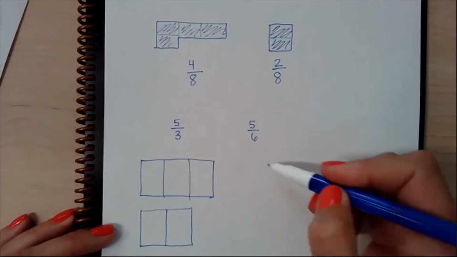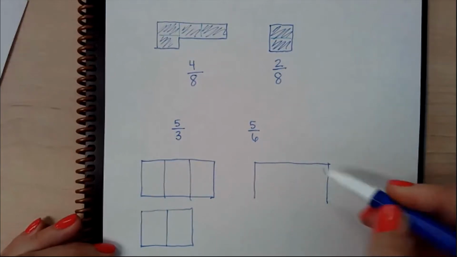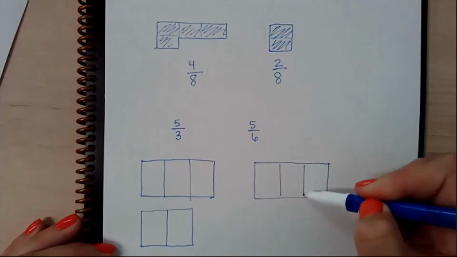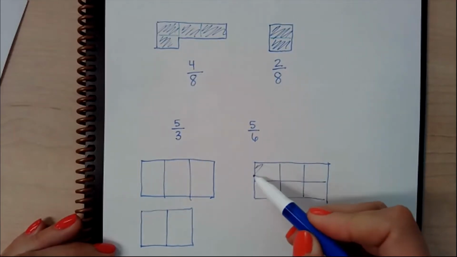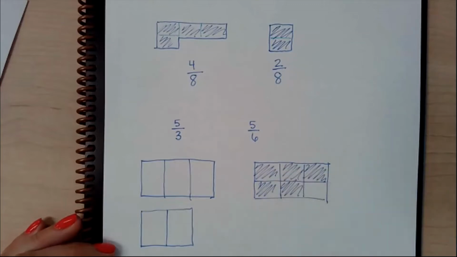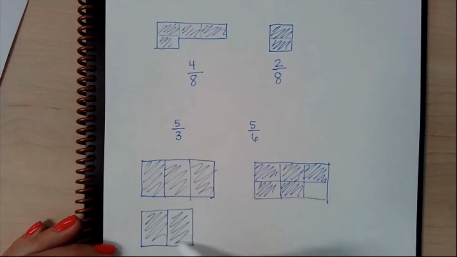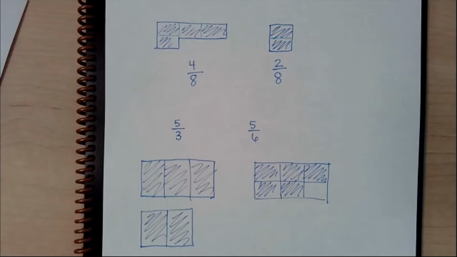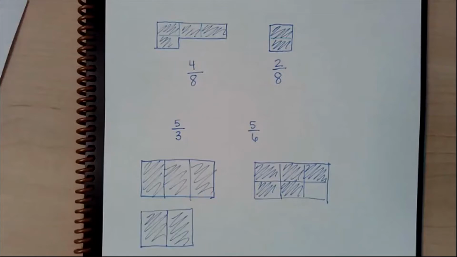But this one over here said that I'm taking that same size chocolate bar, but instead of breaking it up into 3 pieces, I broke it up into 6. So this one over here only has 5 of those 6 pieces. This 5/3 tells me that I've got 5 of these giant pieces. So if we're talking about fractions, that denominator tells us how big the piece is, and the numerator tells us how many of them there are.